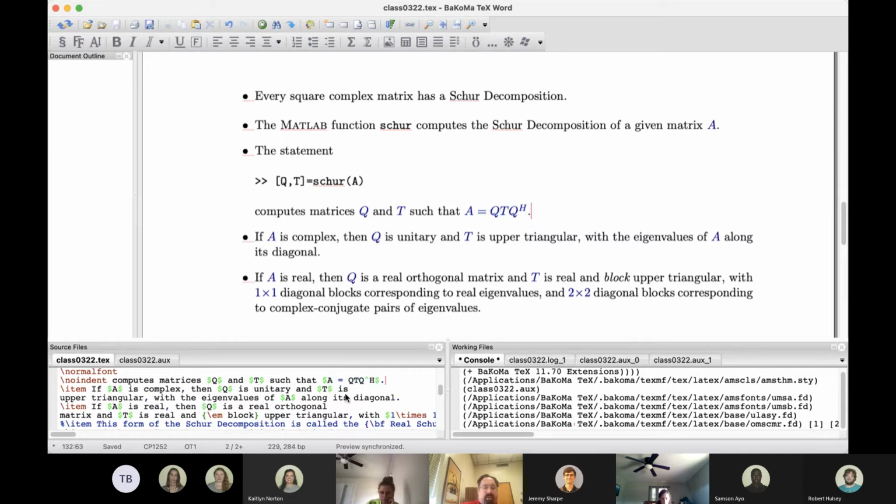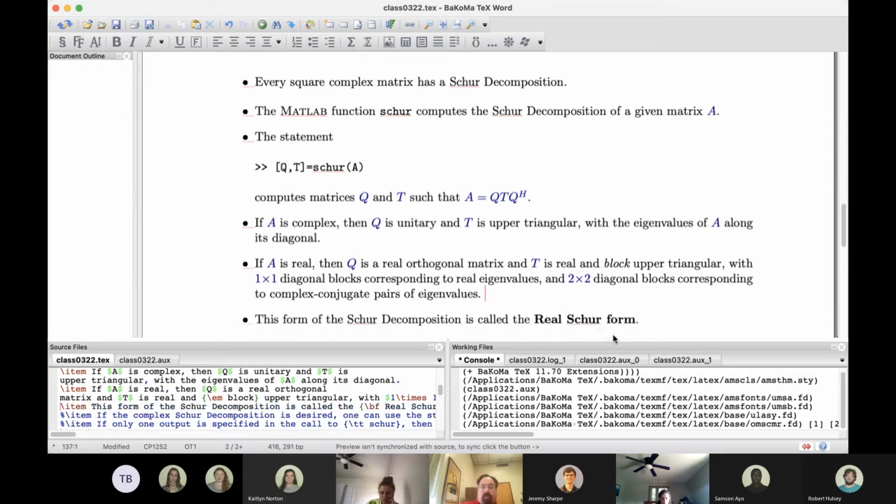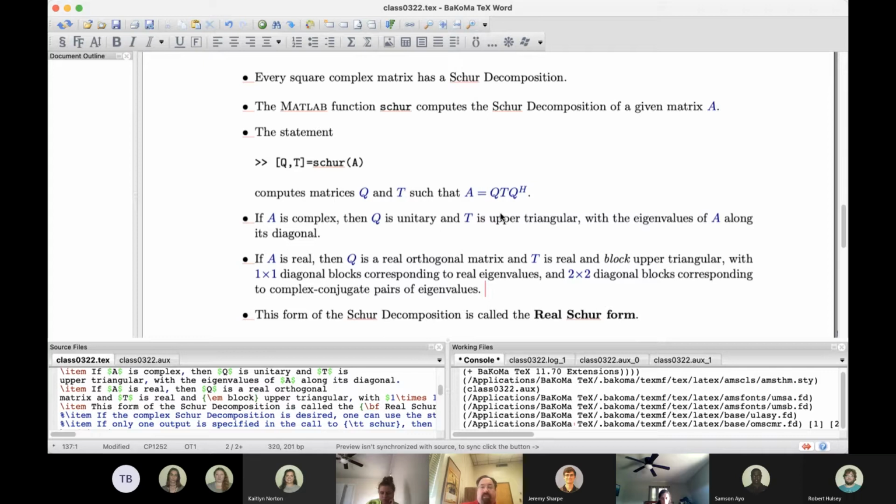It returns what is called the real Schur form. So in this case, Q is an orthogonal matrix, so Q is real, so Q transpose Q is identity. T is block upper triangular. So for real eigenvalues, you just have a single diagonal entry. For complex eigenvalues, which have to occur in complex conjugate pairs for a real matrix, you get 2 by 2 diagonal blocks.